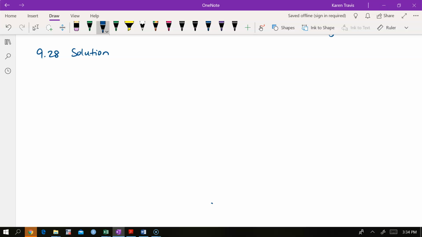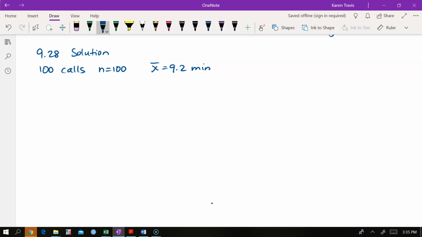A random sample of 100 calls, so that means n is 100, made by residential customers taken from the records of the phone company shows that the mean duration of calls for this sample is 9.2 minutes. So X bar was 9.2 minutes.